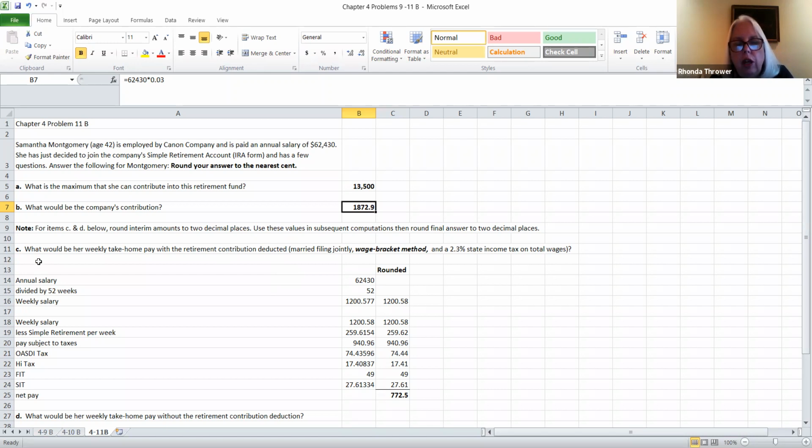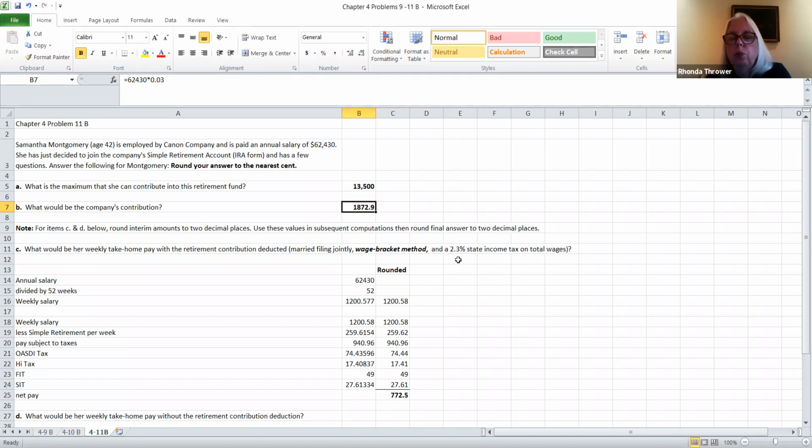You also have to know that they are going to want you to calculate the weekly take-home pay with retirement contribution deducted. The marital status is married filing jointly. We're using the wage bracket method to find the withheld amount of taxes.